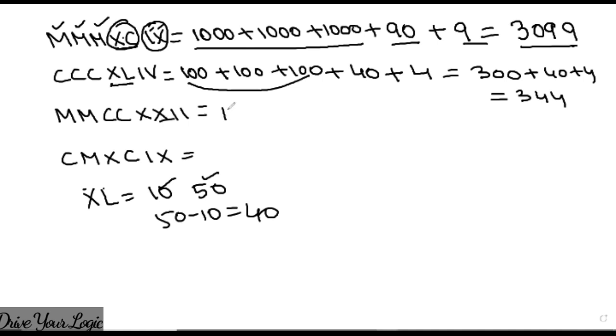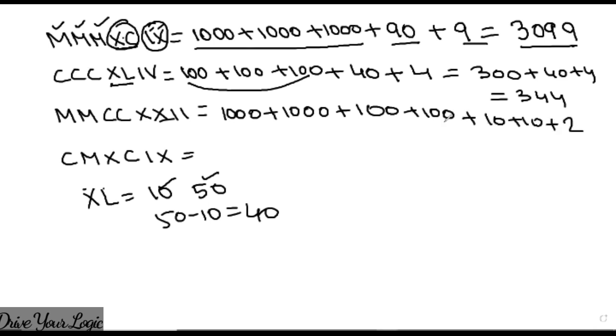This one, hundred, XX. You can write 10 plus 10 and then 2. Directly you can write it, or 1 plus 1.